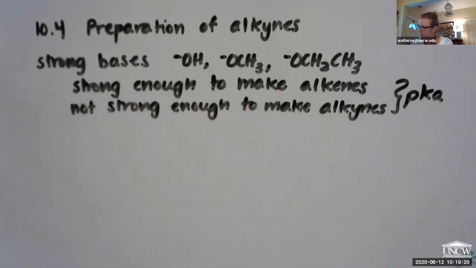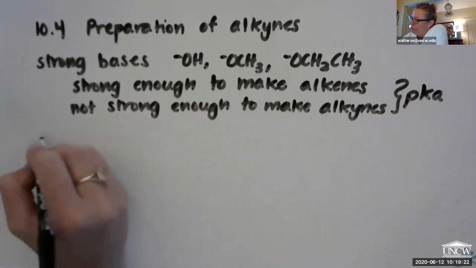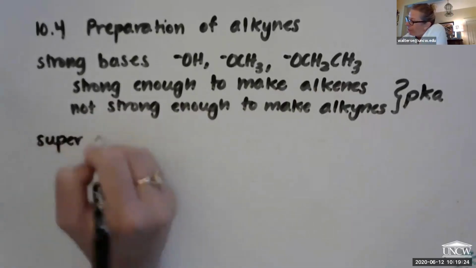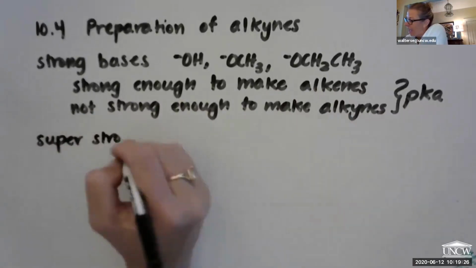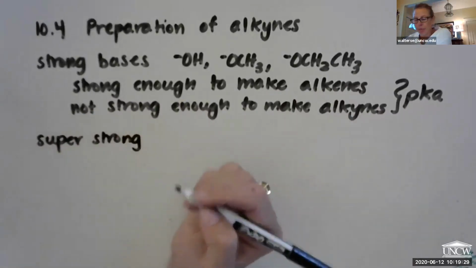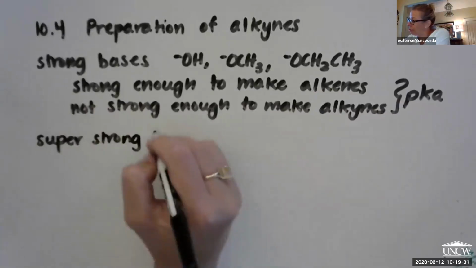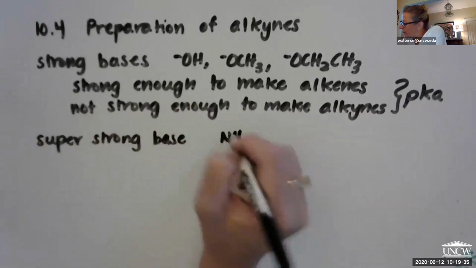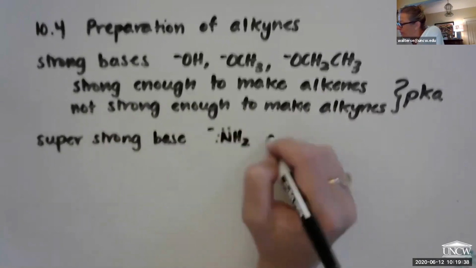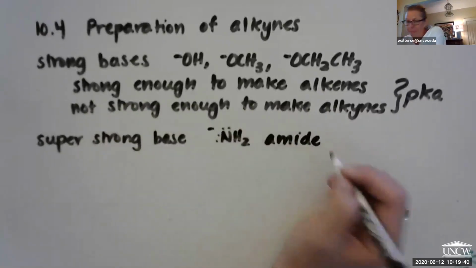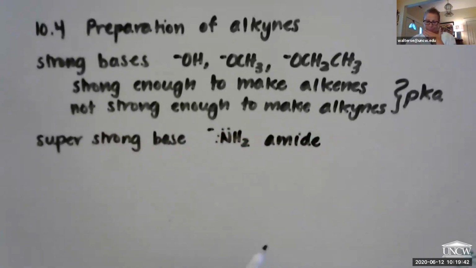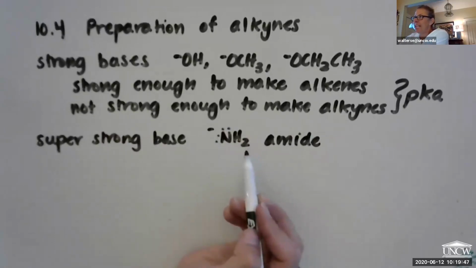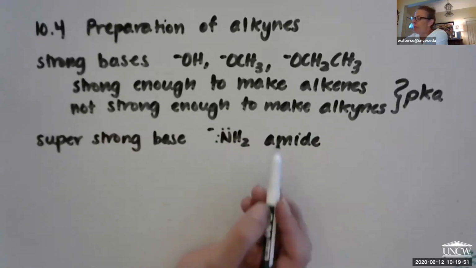Okay. So your super strong base, we're going to come back to the pKa after we do the reactions. But the super strong base is called an amide. Now, this is the conjugate base of ammonia.